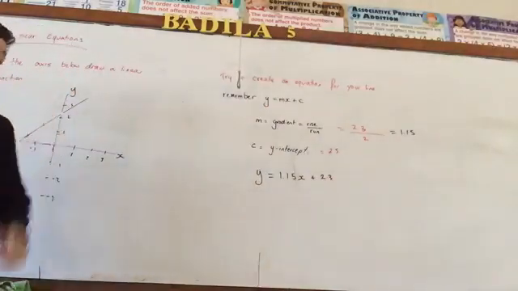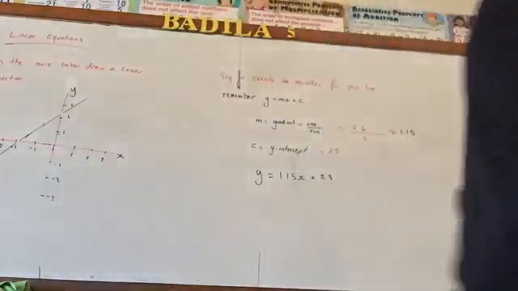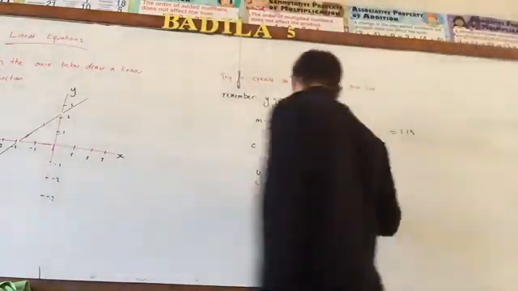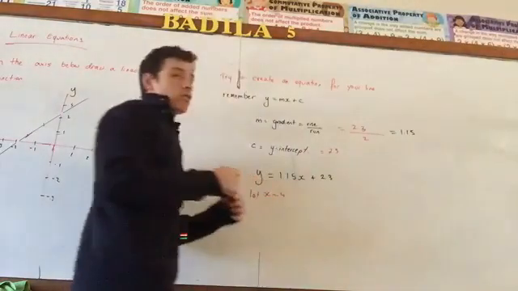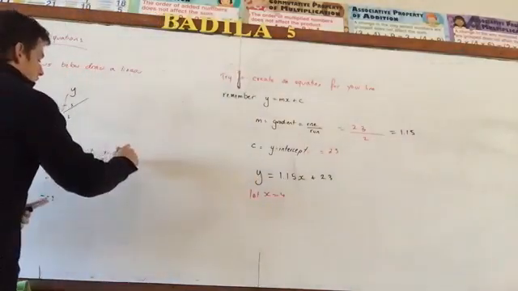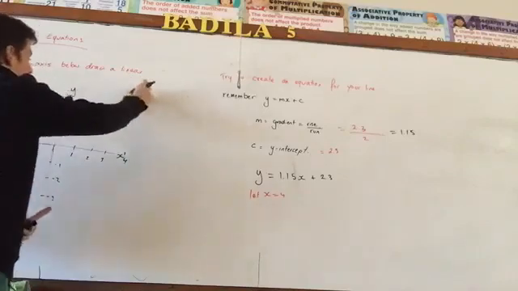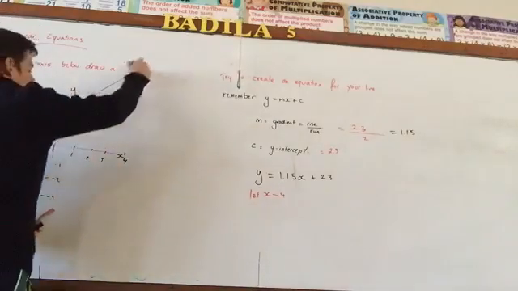Mate, I'm going to perform a magic trick, alright? It's pretty magical. You give me an X value and I'll tell you the Y value. 4. Alright? So you're saying let X equal 4. And I'm going to tell you what the Y value is. We'll see if it makes sense. Because that should be about here, right? What do you expect that's going to be, if you followed that line through?